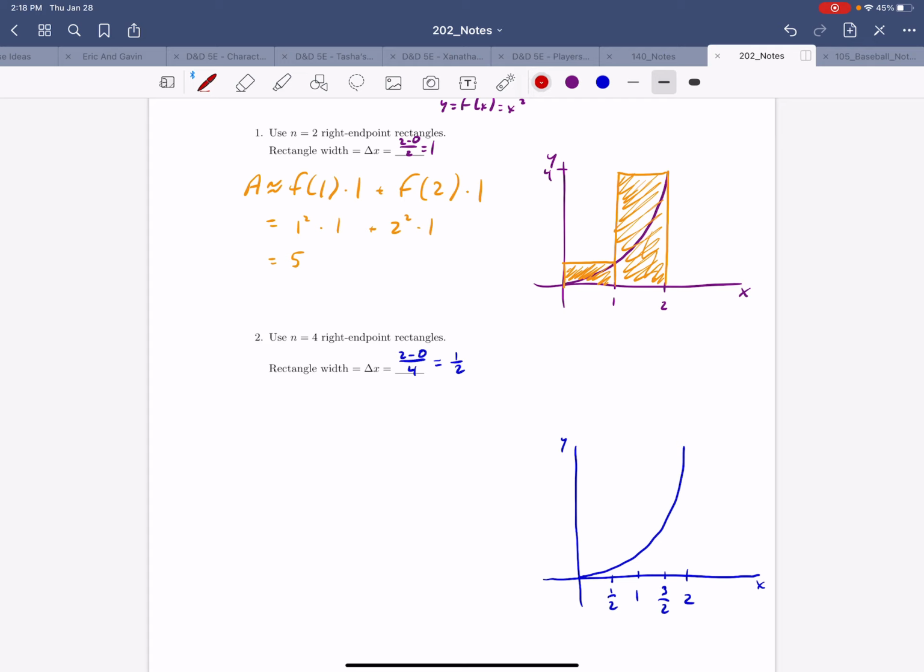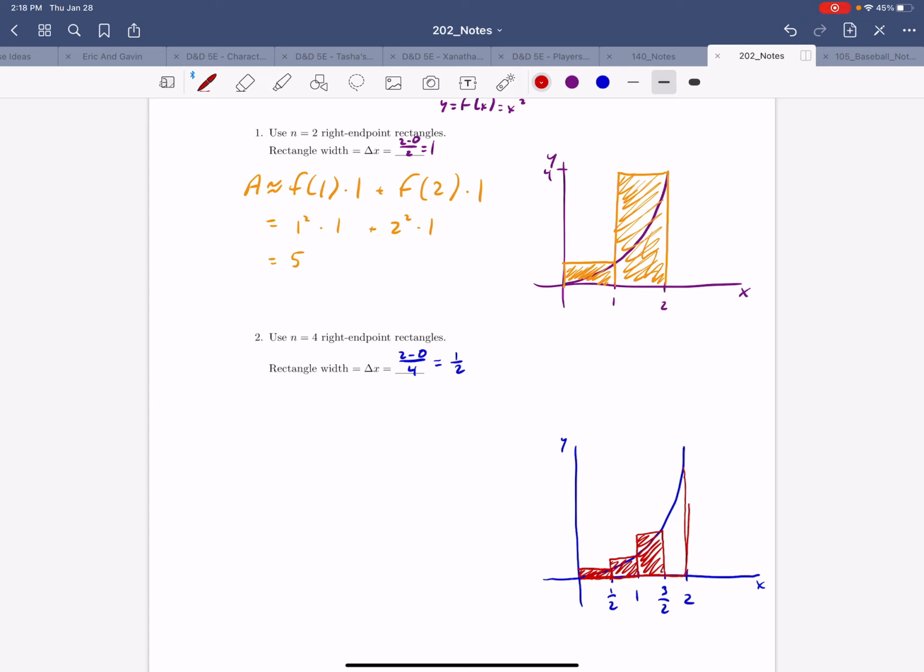if we use right-hand endpoints, remember that means that for each of these subintervals, 1, 2, 3, 4, we're using the rightmost point in the interval to determine the height of our rectangle. Here, there, there, and there.